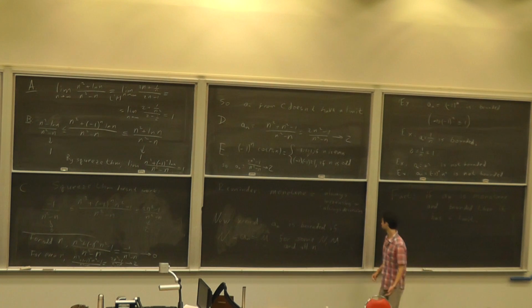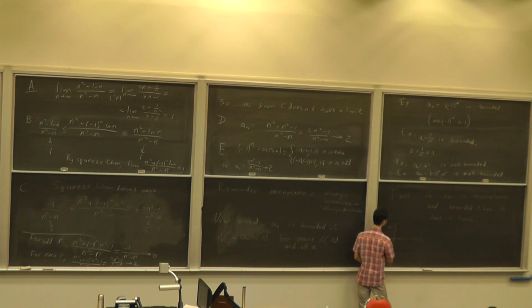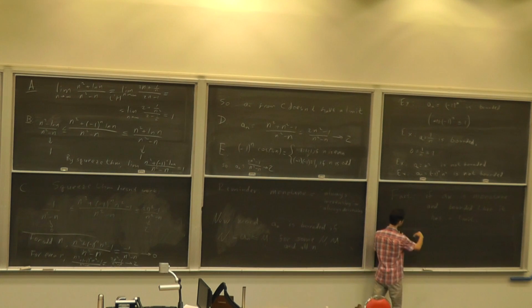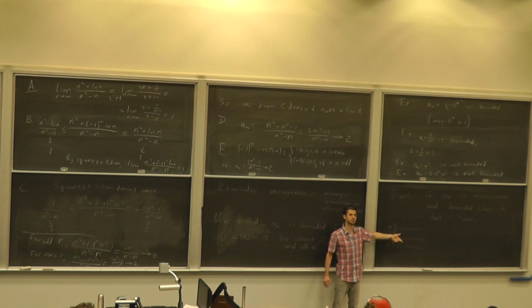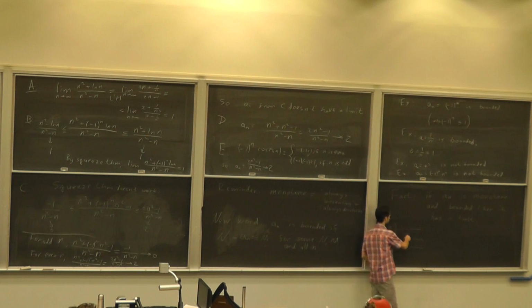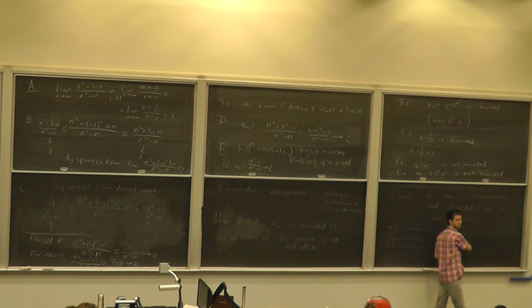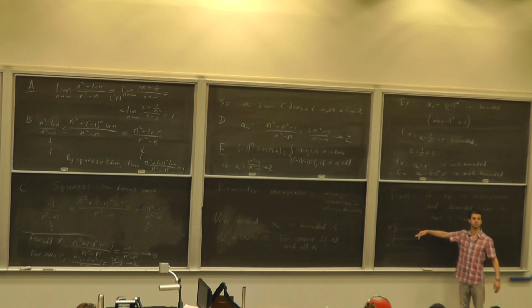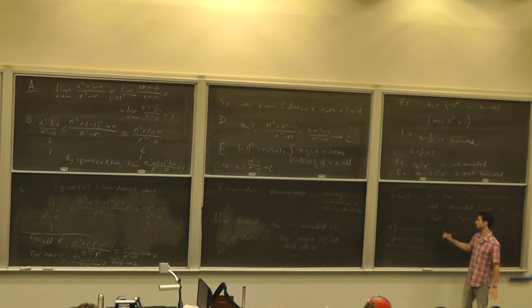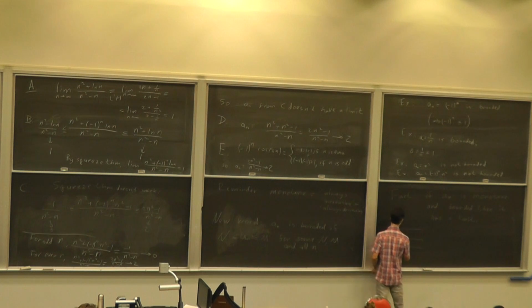Imagine that your sequence is bounded, so it's between some number N and some number M, so it's always somewhere here. This is not enough to guarantee that there's a limit. You can imagine some sequence which keeps jumping between these two bounds. But if in addition you know that your sequence is always, say, increasing, then it's enough. Then you know it increases up to some limit. Something like this.